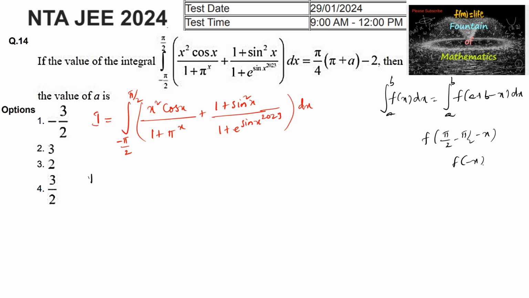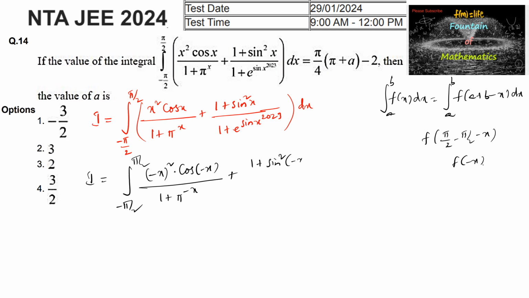So let us substitute and write I is equal to minus pi by 2 to plus pi by 2 of (minus x) whole square into cos of negative x divided by 1 plus pi to the power of negative x, plus (1 plus sine square of negative x) divided by (1 plus e to the power sine negative x) to the power 2023 dx.